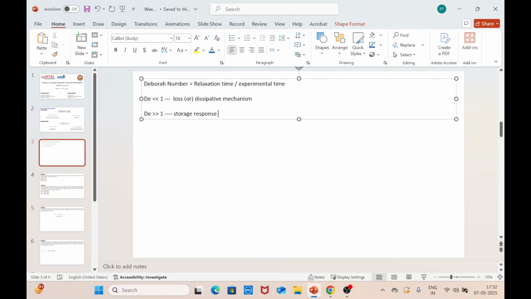You can try to correlate this with the equation, then I think everyone will be able to understand why this inference is being made here.